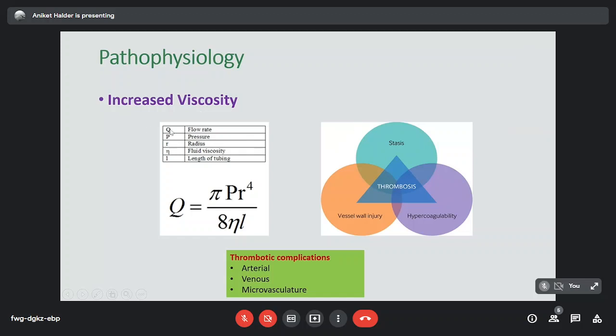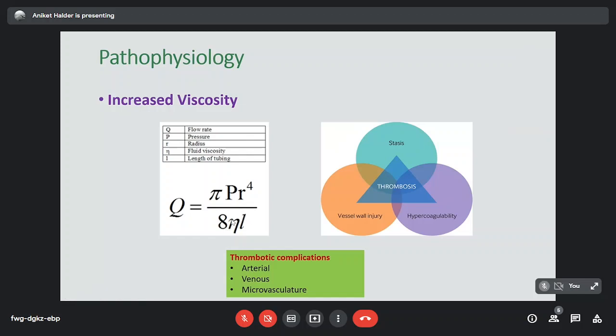Now, if we go to our high school days and remember Poiseuille's law, it states that the rate of flow of a liquid through a tube is directly proportional to the radius or the diameter of the tube raised to the power 4, and inversely proportional to the viscosity.